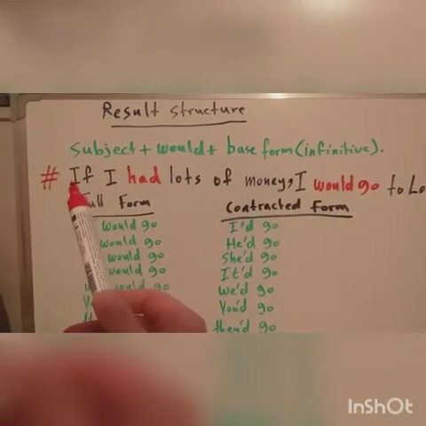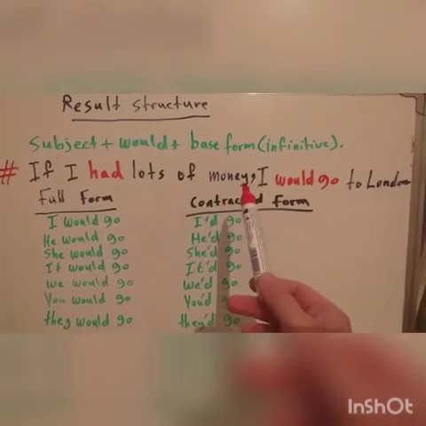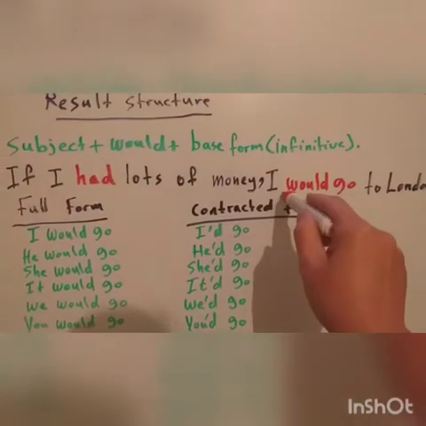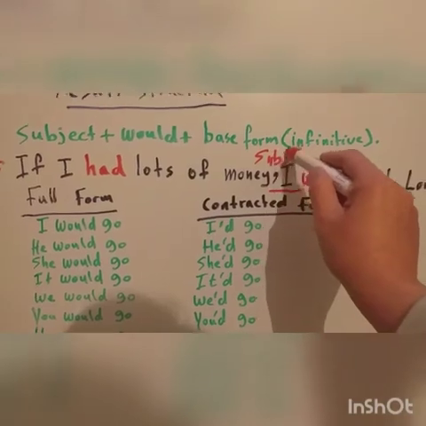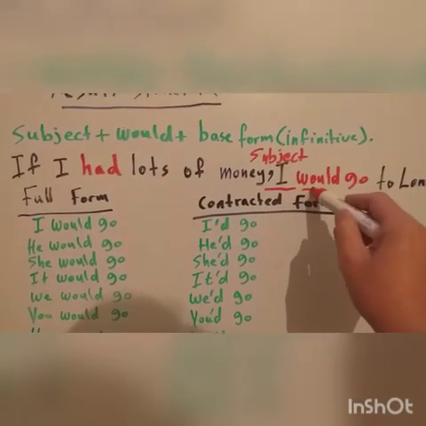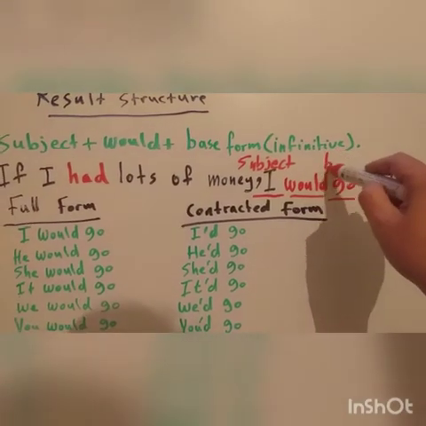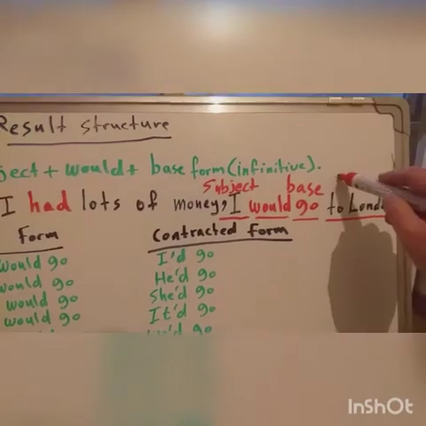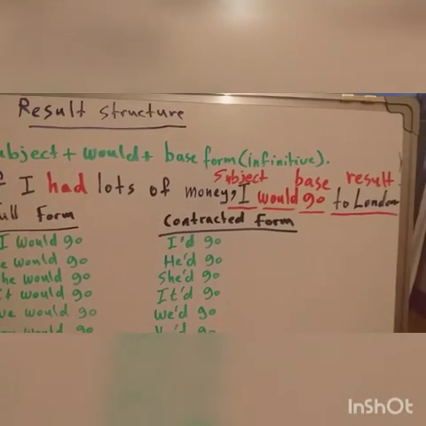Let's look at the example. If I had lots of money, I would go to London. So I is the subject, and here's would, and here's the infinitive or the base form. And here is the result.